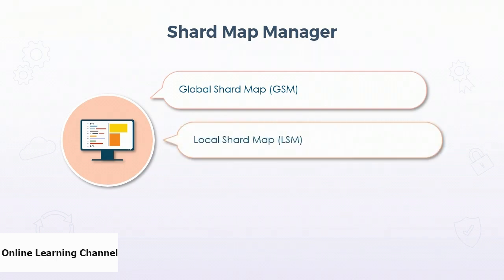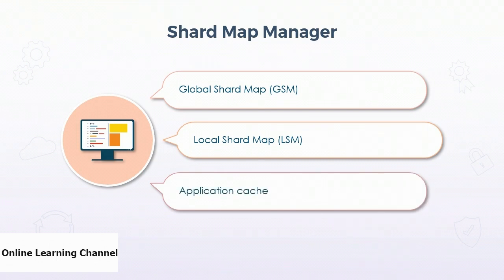The local shard map is created in each database that's designated as a shard and contains tables and stored procedures to manage the shard locally. And finally, each application instance has its own application cache that stores recently retrieved routing information. If we're going to shard up our data, we need to know where to go and find it.